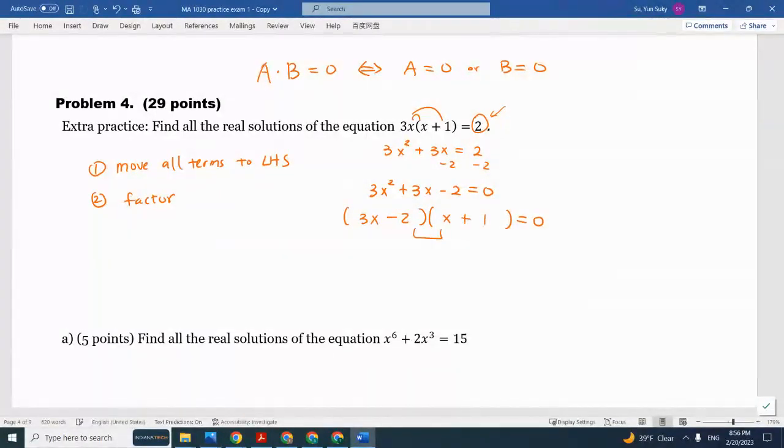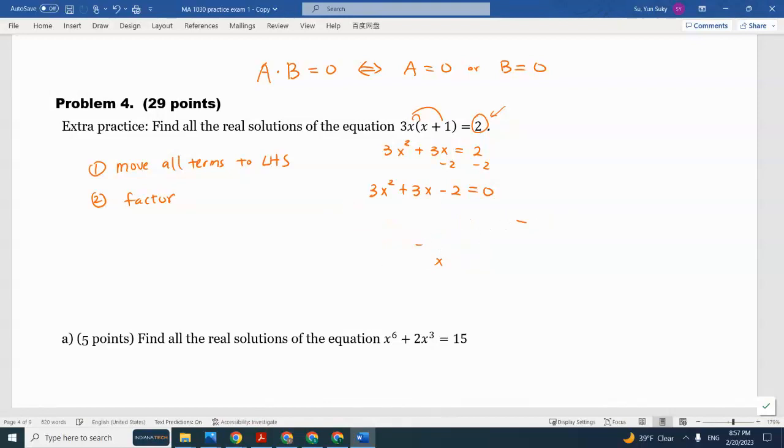We get -2x and 3x. It won't give us 3x in the middle. Therefore, we cannot factor it that way. Actually, you can try other combinations. You can try 1 here and 2 here. Then you get 6x minus x, which is 5x. That doesn't match the middle term 3x.